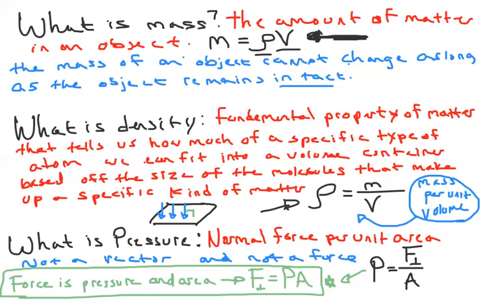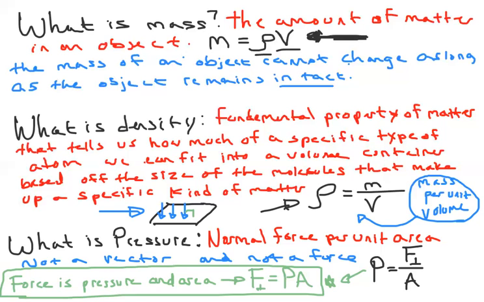So pressure is the force that's being applied perpendicular to any surface, which is what I'm trying to show right here. If you were to look at the definition of pressure in a book, it would say the normal force per unit area, but just think of it as the force per area, and that force is always going to be perpendicular to the surface, okay?